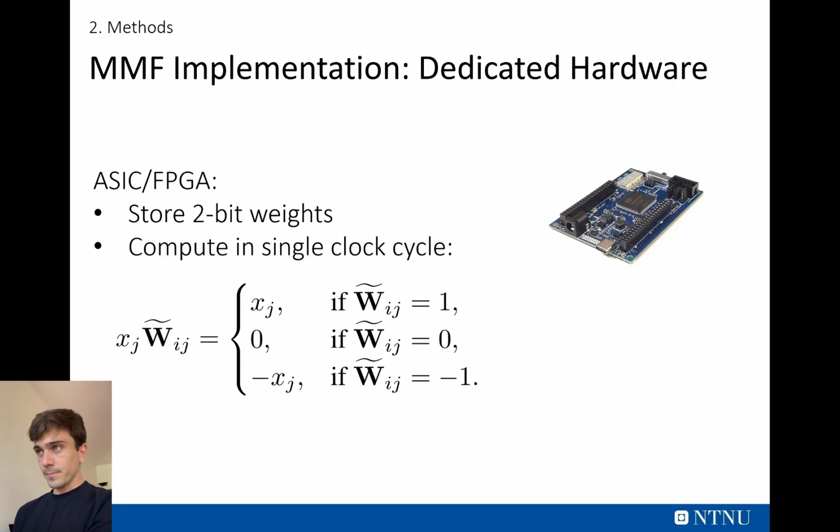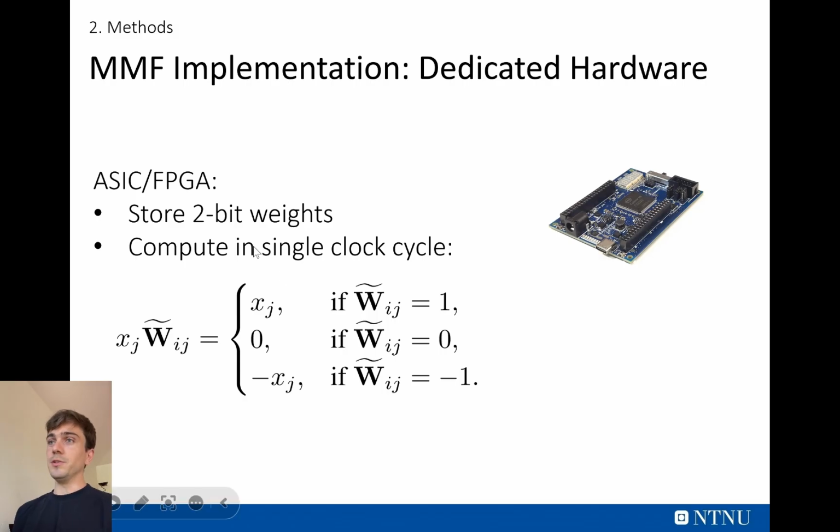So to do this efficiently with matmul-free, what you can do is use dedicated hardware that is able to compute, in a single clock cycle, all the if statements in a single cycle.